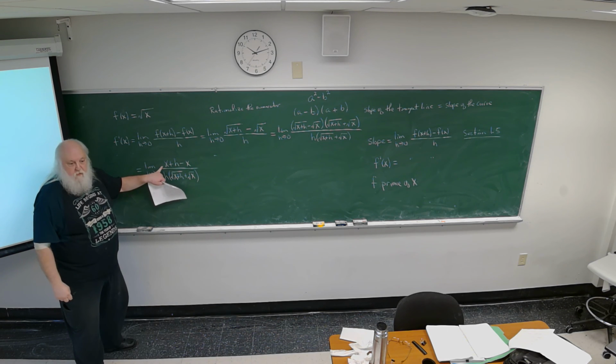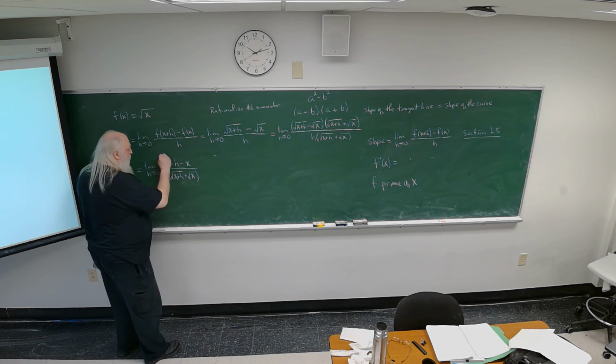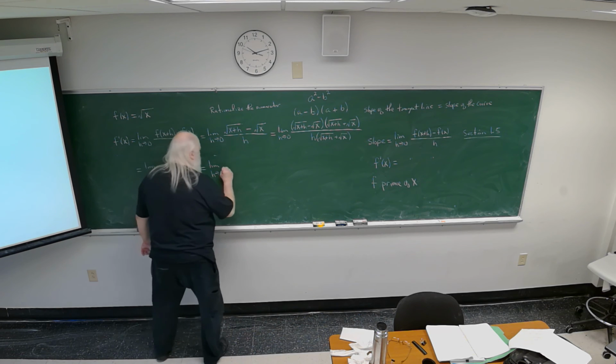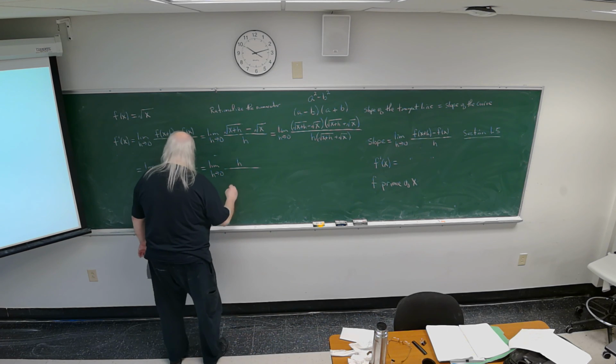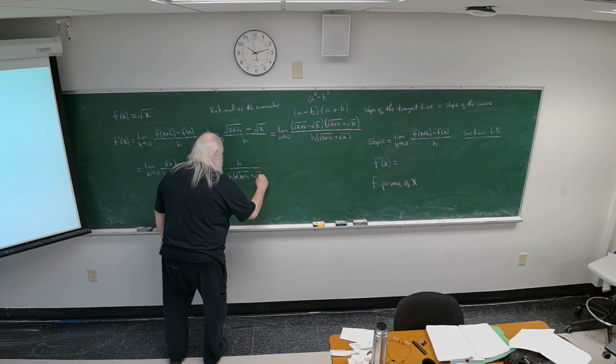Now in the numerator, we're left with x minus x, so they cancel. And we're left with the limit as h goes to 0 of h over h times the square root of x plus h plus the square root of x.